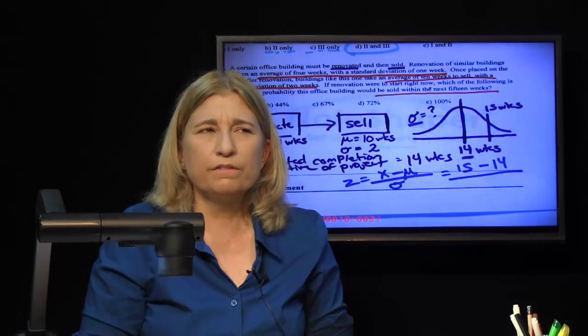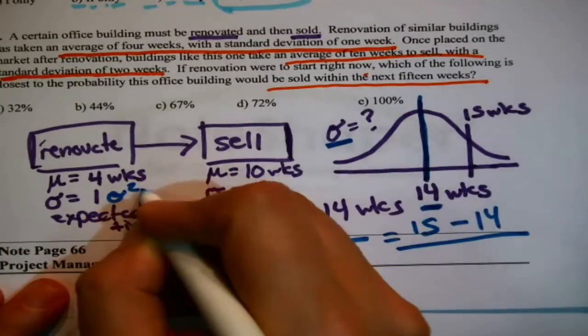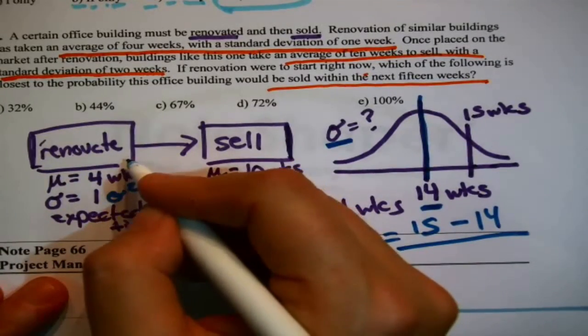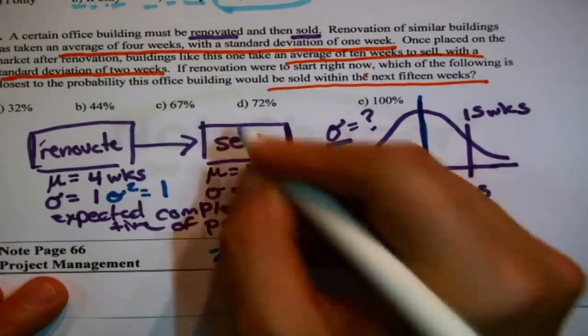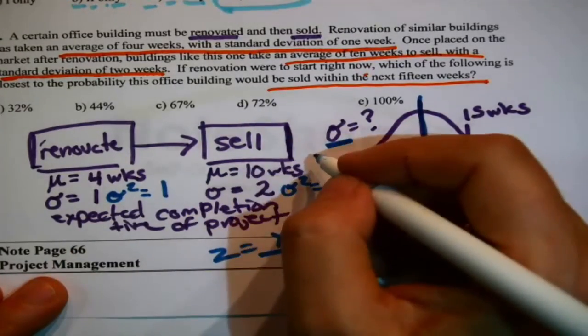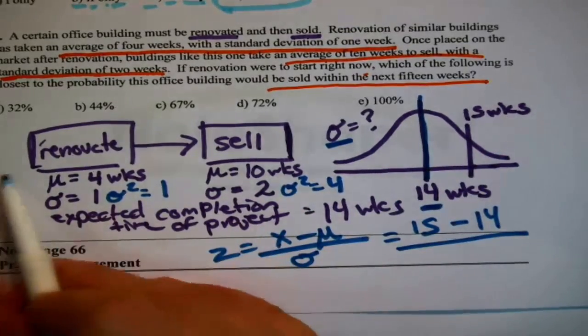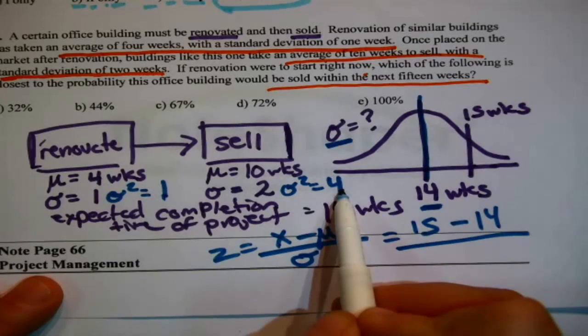Wait a minute, the variance is the square of the standard deviation. So the variance in this particular task, renovate, is 1, because 1 squared is 1, but the variance on the market selling it is 2 squared or 4. The variance in the path, this sequence, is that plus that.